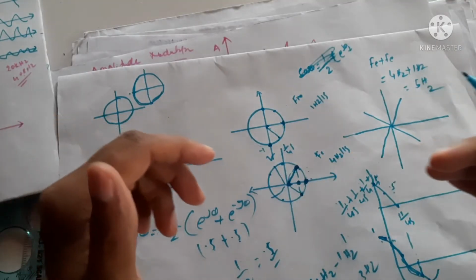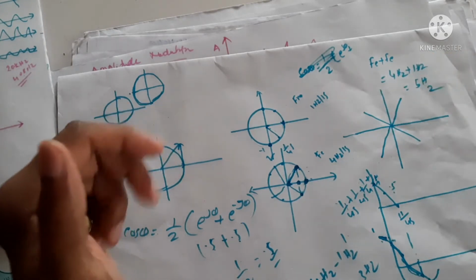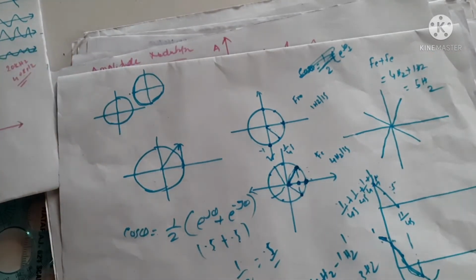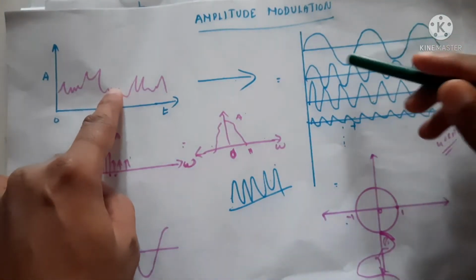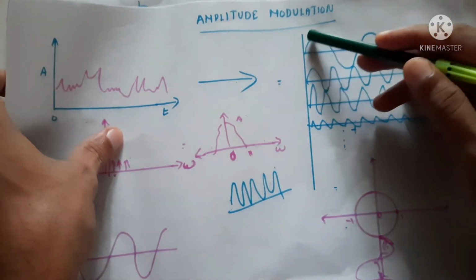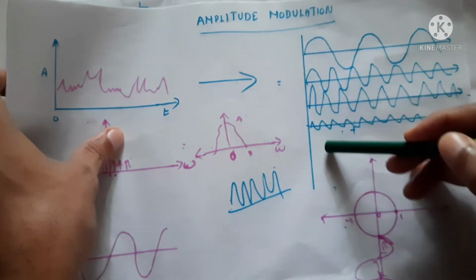Amplitude modulation in vector form, we are able to understand it more clearly. What are the upper and lower frequencies? The voice contains many different frequencies with different amplitudes, like this. This is one, this is another, this is another, and so on.